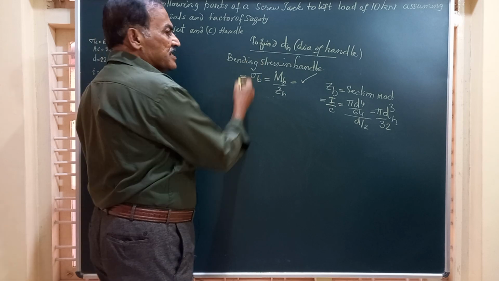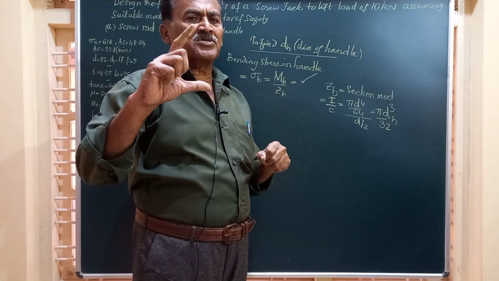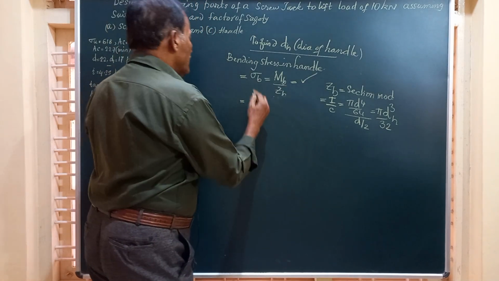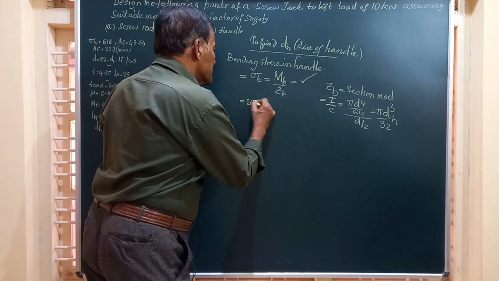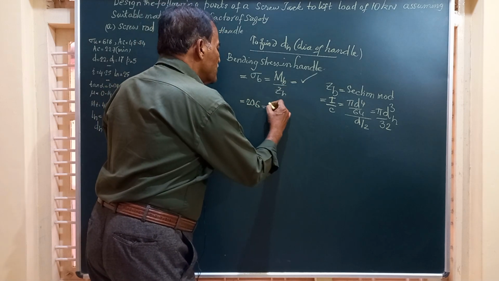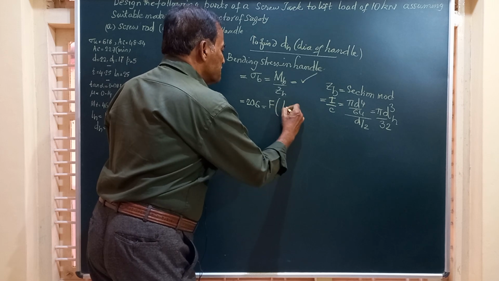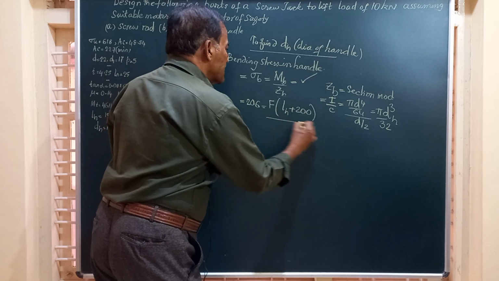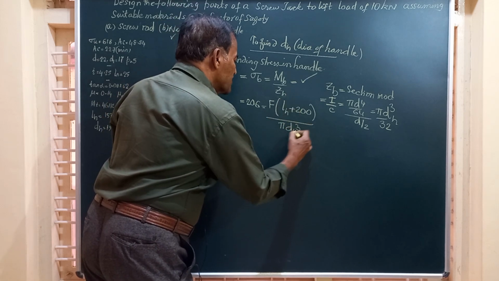So friends, here if you substitute in this formula, let's see what happens. This bending stress, generally for the steels, the tensile stress and compressive stress will be almost same. So I will take this as a value equal to 618 by 3, that is 206 is the value of bending stress. That is Mb value. We know this as F into LH plus 200 divided by Zb, which is pi dh cube by 32.